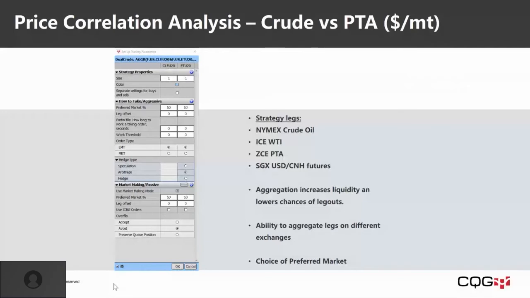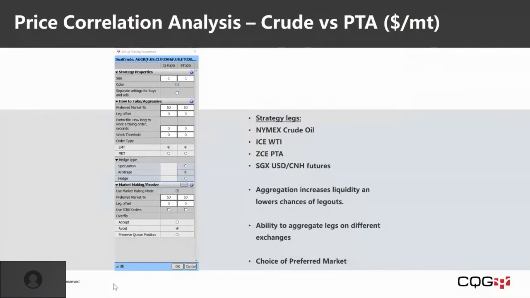So that in itself tries to give us a little bit better liquidity. And it also allows me to do a choice of preferred market. So I can choose to prefer the NYMEX over ICE or the other way around. But this is just one of the examples of products that we can choose.